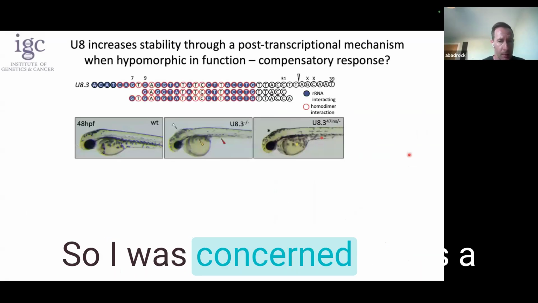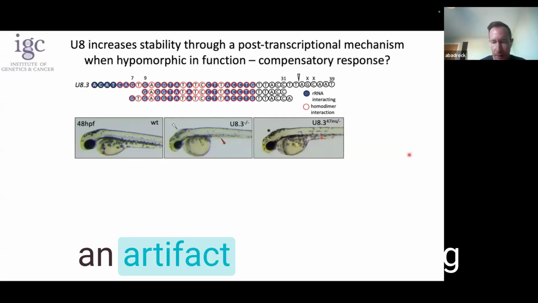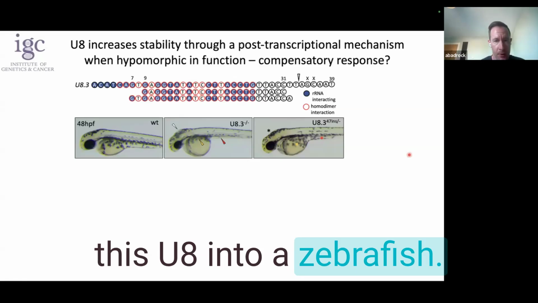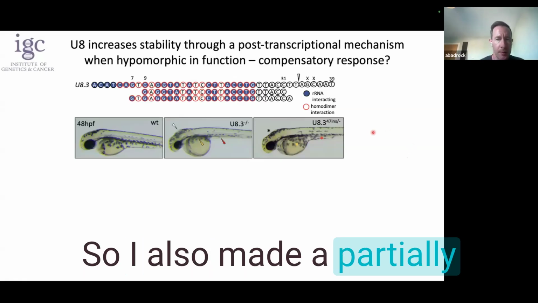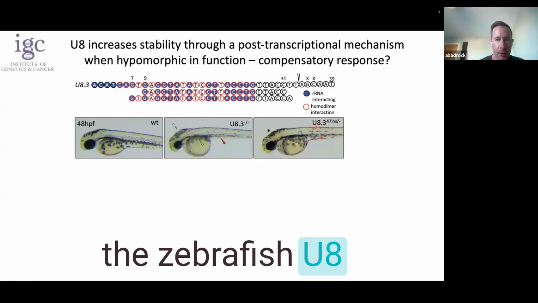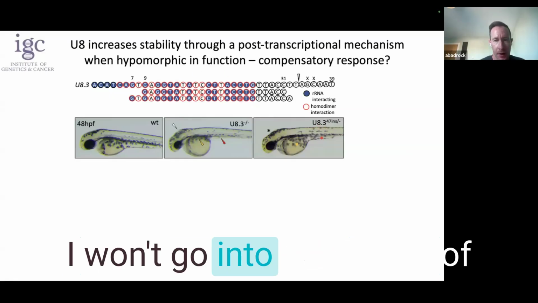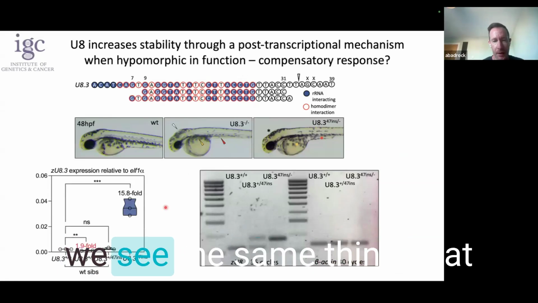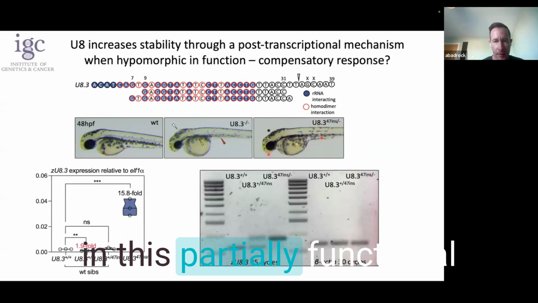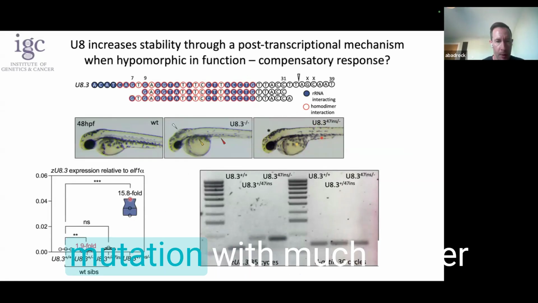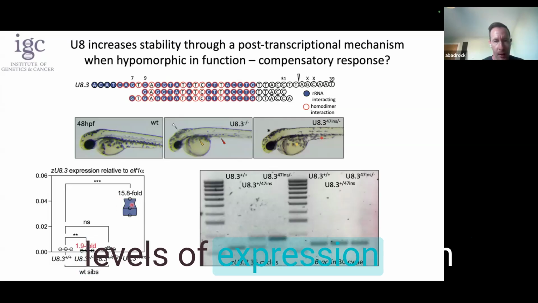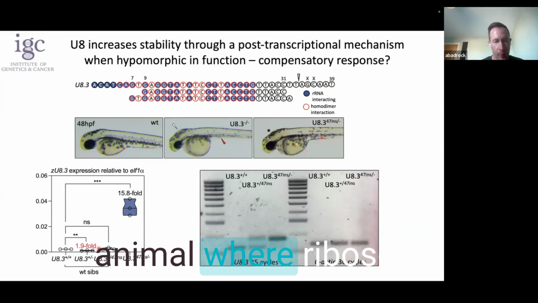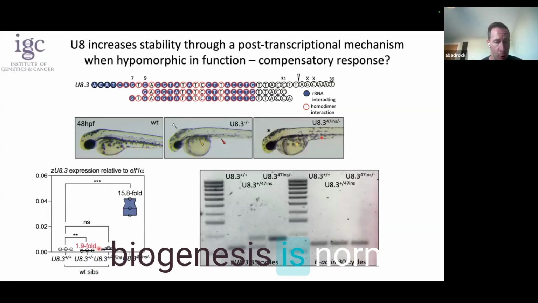So I was concerned it was a bit of what we might call an artifact of me injecting this U8 into a zebrafish. So I also made a partially functional mutation in the zebrafish U8-3. I won't go into the nature of the mutation because it's quite complicated, but the take-home message is that we see the same thing: this partially functional mutation has much higher levels of expression than when that mutation is expressed in a wild-type animal where ribosome biogenesis is normal.